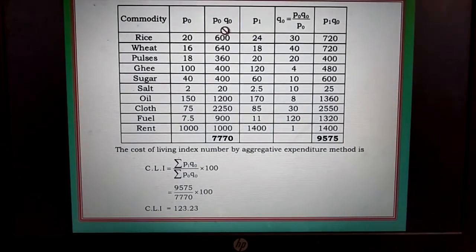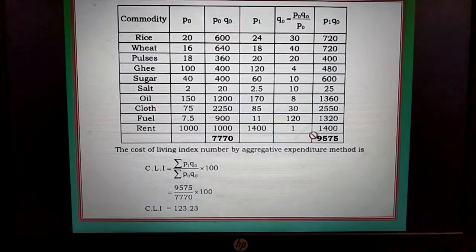So P naught is given, P naught Q naught is given, P1 is given, Q naught we calculated, and after that we have written the formula. Based on that, P naught Q naught in the denominator is already present in the given data itself. Take the sum over and substitute. And numerator P1 Q naught is needed. That's why we have calculated this P1 Q naught, P1 column and Q naught column, 24 multiplied by 30, that way.